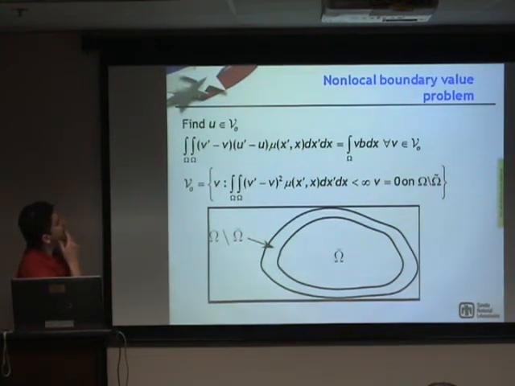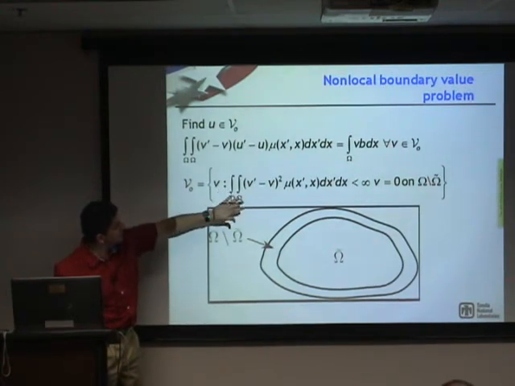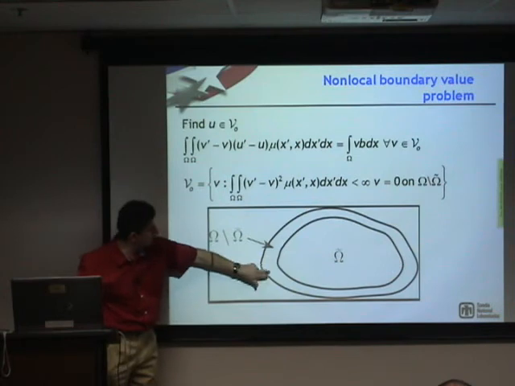variational equation for an equilibrium problem. Okay, so you want to find the displacement u in some space that satisfies this variational equation for all v in the same space. And here the space V sub naught is where this energy, this is an actual energy, is less than infinity, and v is equal to 0 on this boundary.